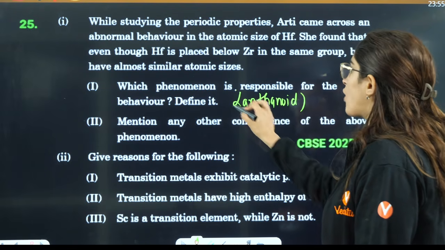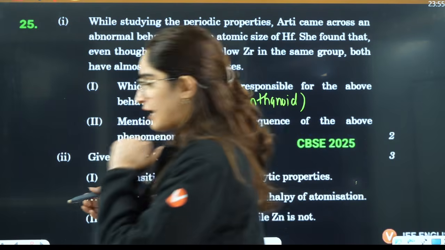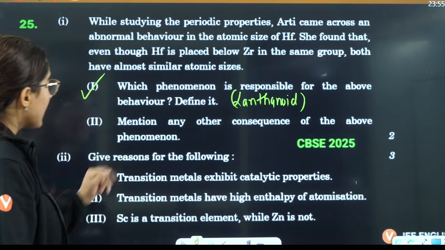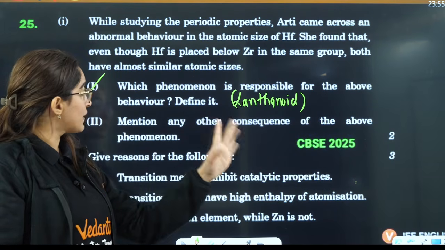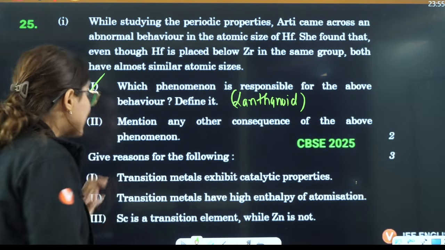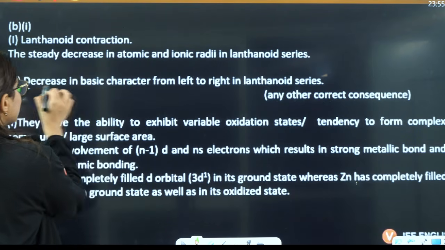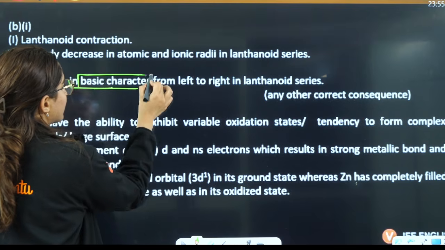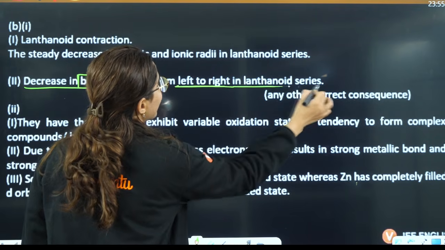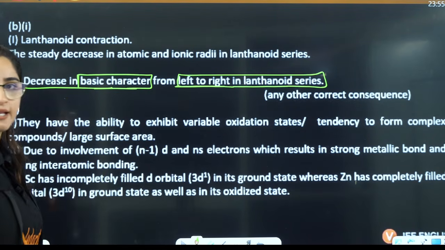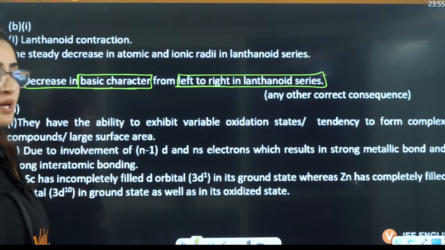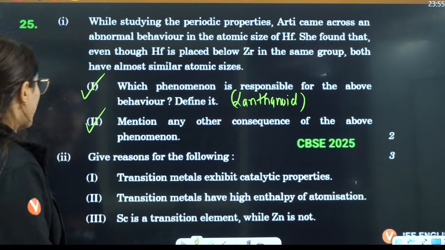And we have already done what lanthanoid contraction is previously. Mention any other consequence of the above phenomenon. Another consequence is that there is a decrease in basic character from left to right in the lanthanoid series, right? That is another consequence that appears because of lanthanoid contraction.